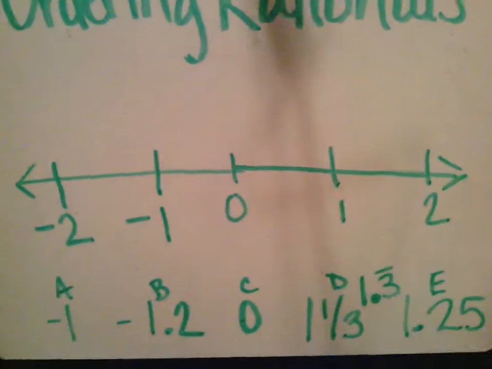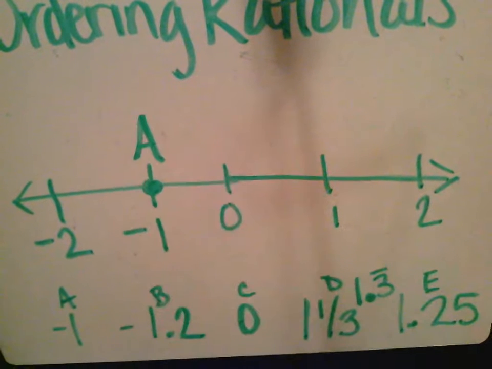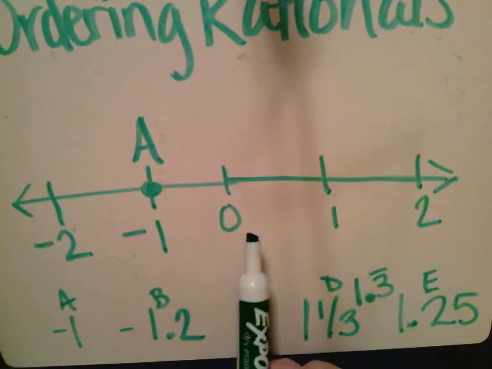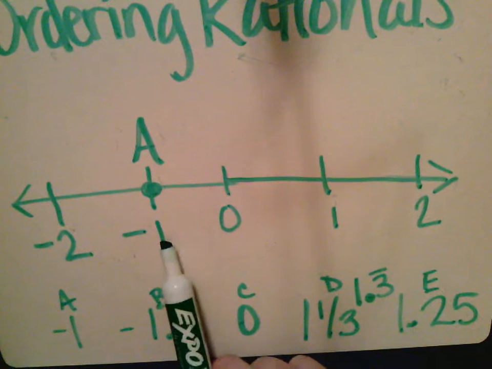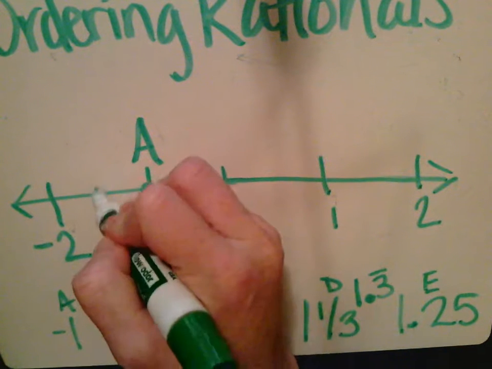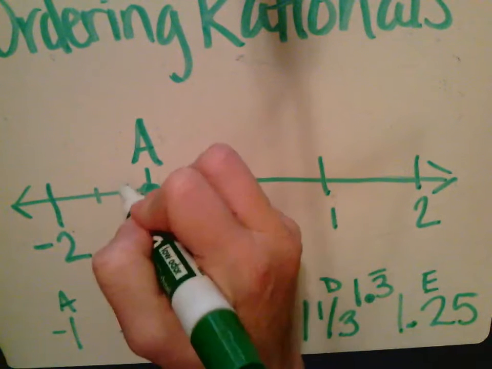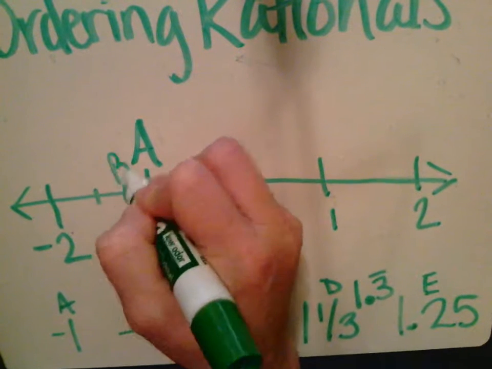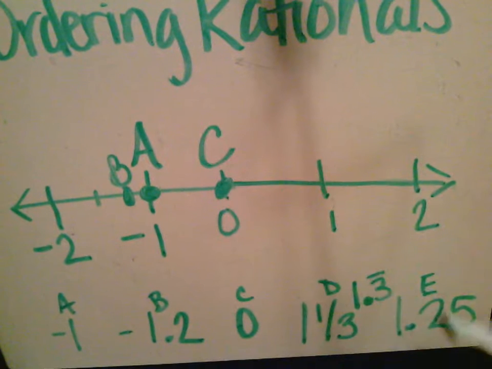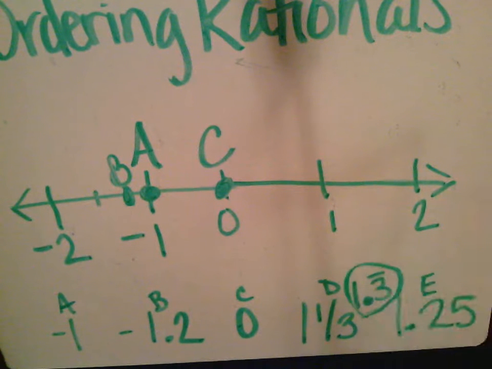So now that I have them all in the same form, I'm going to label them. A is here. -1.2. This is between 0 and 1. 1.2 is going to be between 1 and 2. Here's the halfway point. We're going to be closer to like right there. So here is B. Here's C. D is 1.3.